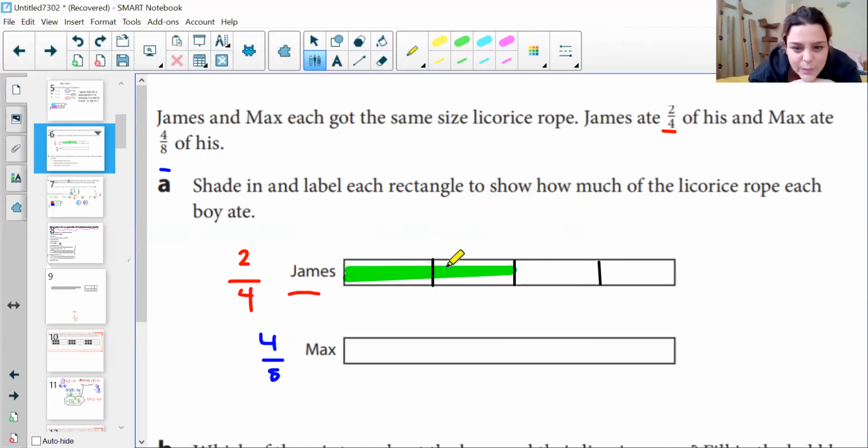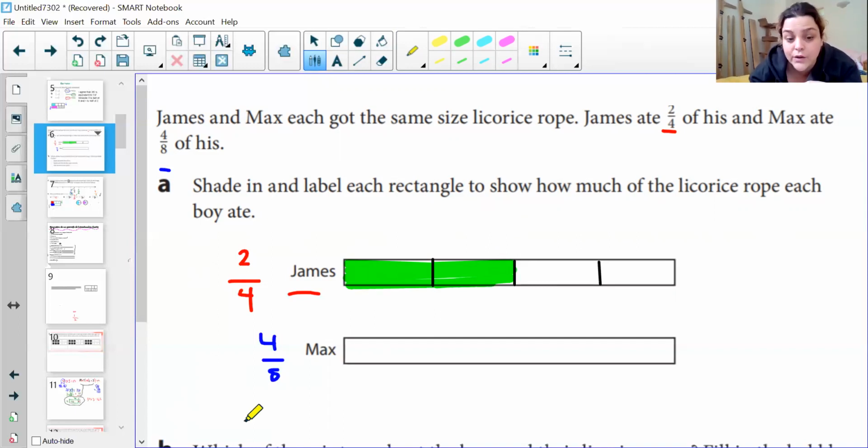I'm going to do that one a little bit better. Okay, so this is going to represent 2/4. I'm just trying to fill it in as much as possible. Okay, so that's 2/4 of the licorice rope.